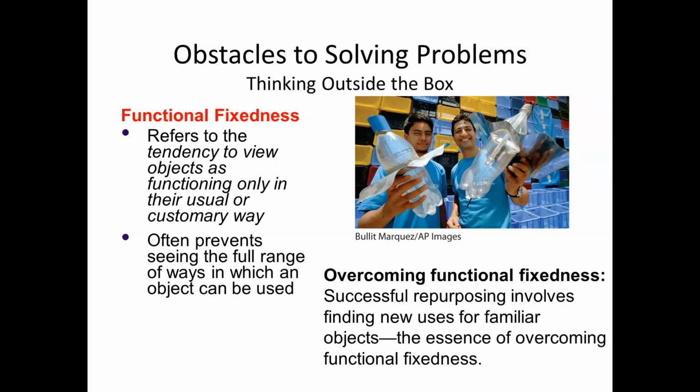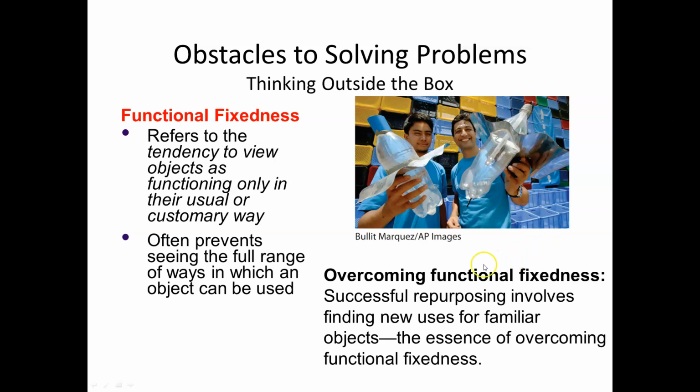Now the problem is approaching it like saying, hey, this only works in this one way. I only understand this, or I've only thought of it in this one way. That prevents one from seeing the full range of ways in which an object can be used. You can see from this imagery right here, people are using plastic bottles in a different way than we usually conceptualize them and view them as being used in a customary way.